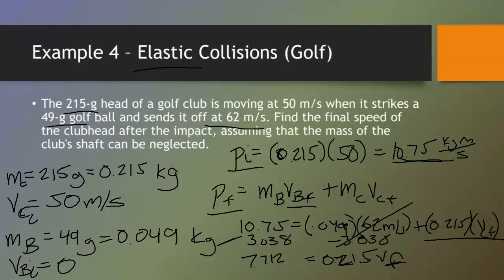7.712. If we then divide by 0.215 to get the final velocity, the final velocity is going to be, in this case, 35.87 meters per second.